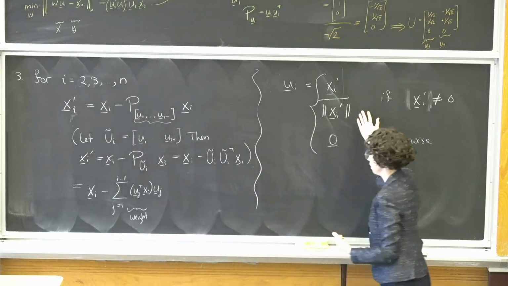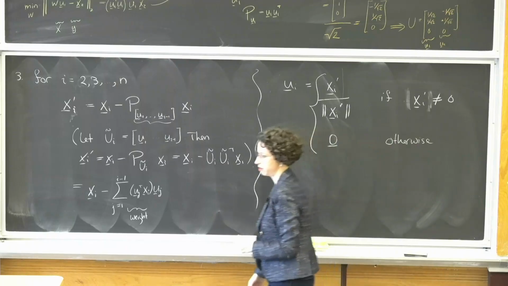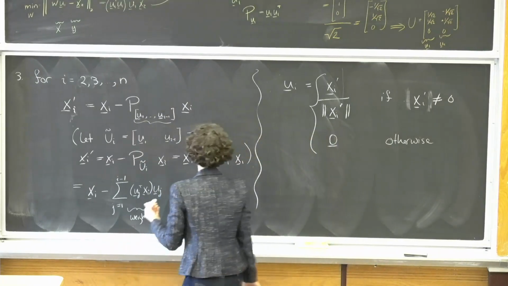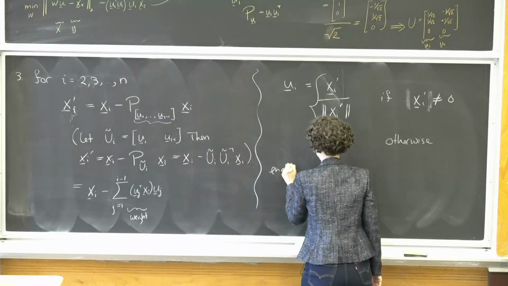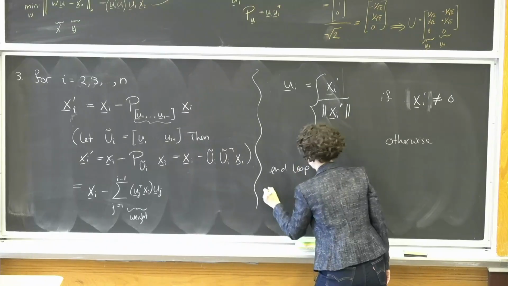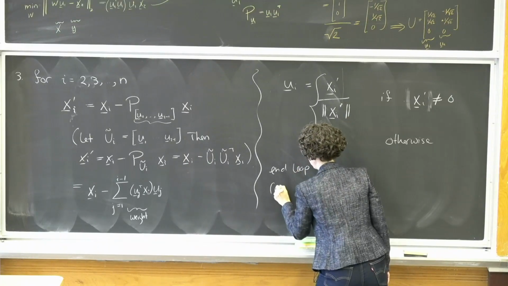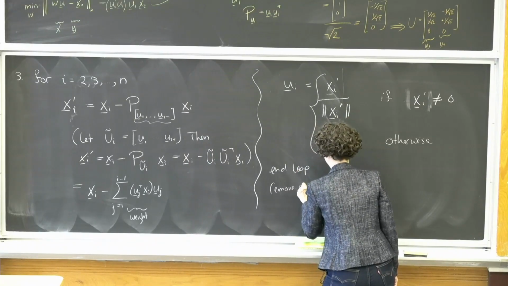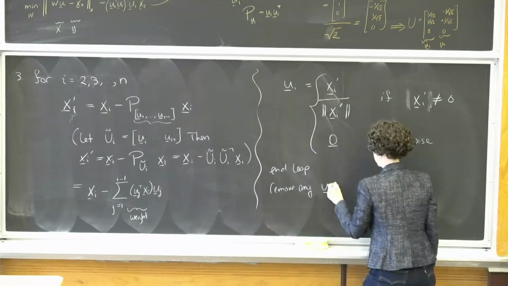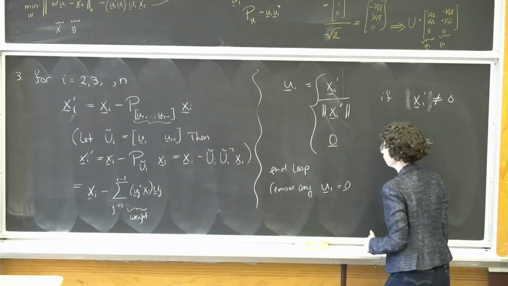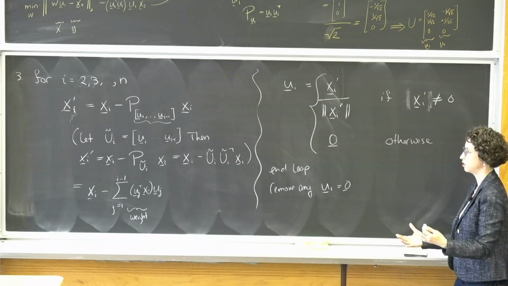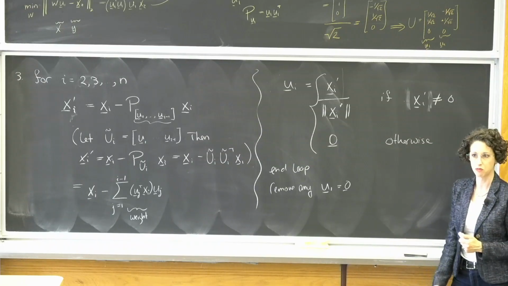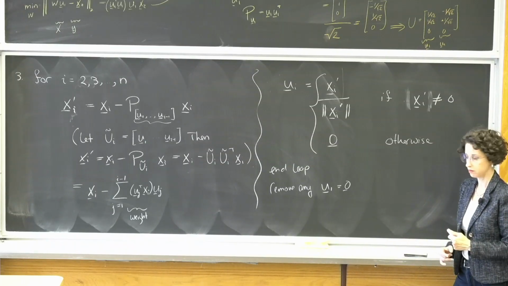And we want to avoid dividing by 0, so we've got this kind of check here. And so then we end the loop. And then finally, we remove any basis vectors that are equal to 0, so that we're only left with a basis matrix that's got no 0-valued columns.